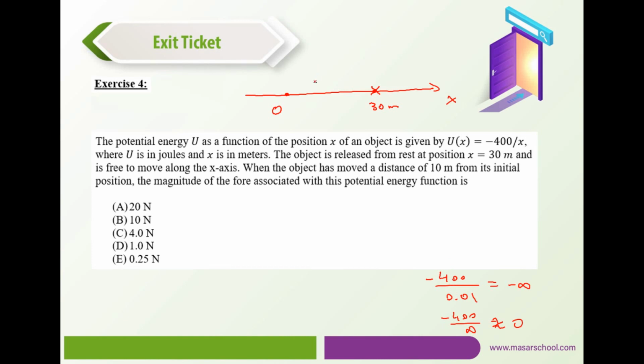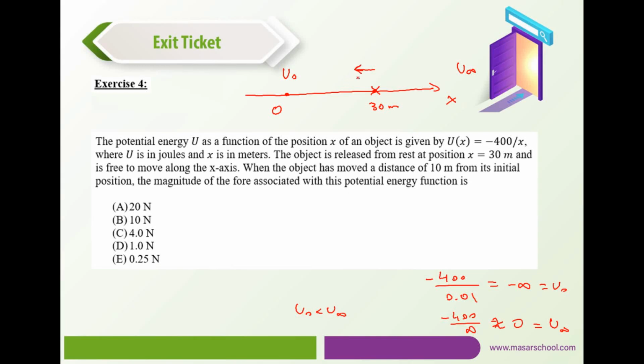So if we're trying to compare the potential energy at the origin and at infinity, you can notice that the potential energy at the origin is less than the potential energy at infinity, which means the force will be pointing toward the least potential energy, which is toward the left.